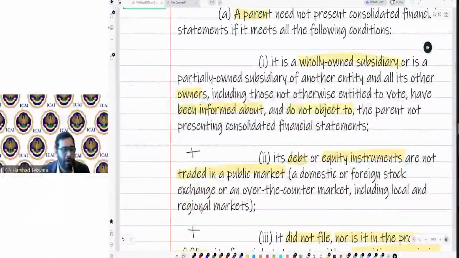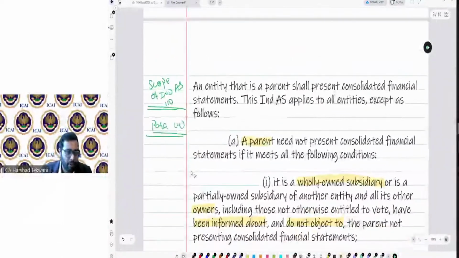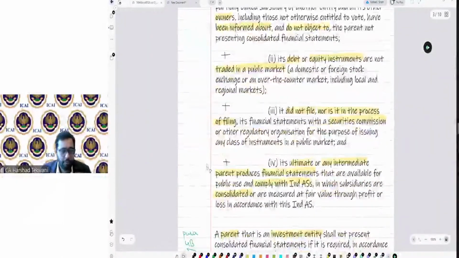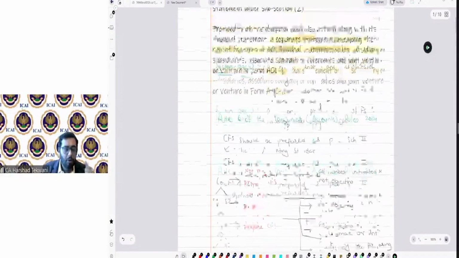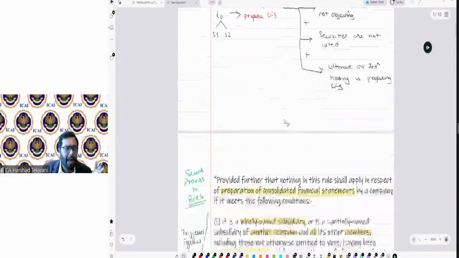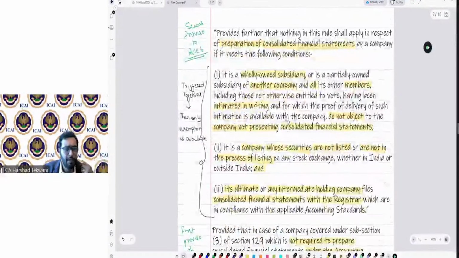And 4 and 4b talks about these two exemptions: condition based and investment entity based. So now the question will come, what about the exemption which is given in Rule 6?